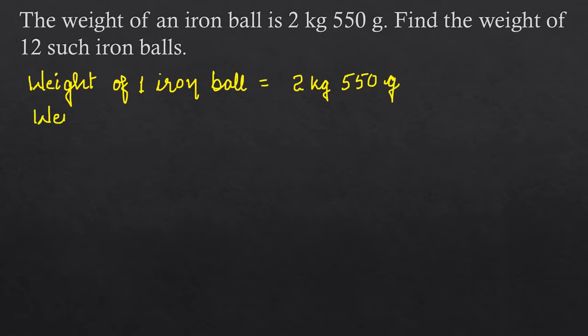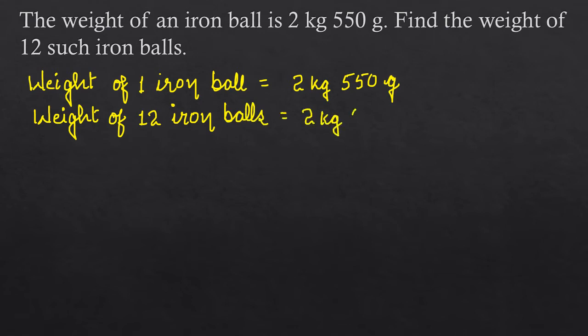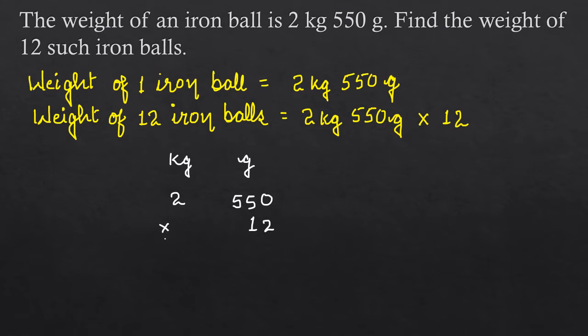So weight of 12 iron balls will be equal to 2 kg 550 gram multiplied by 12. So we will arrange them in columns. First kg and gram. 2 kg 550 gram multiplied by 12.